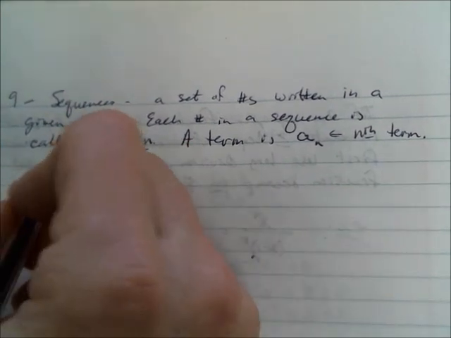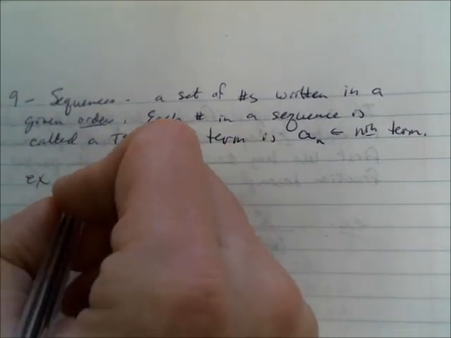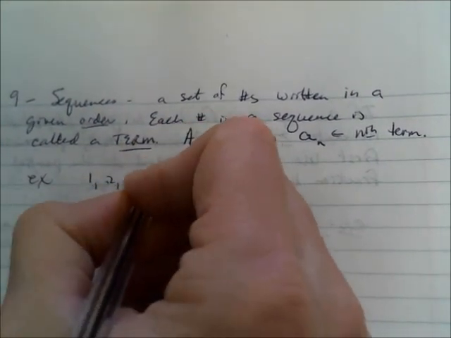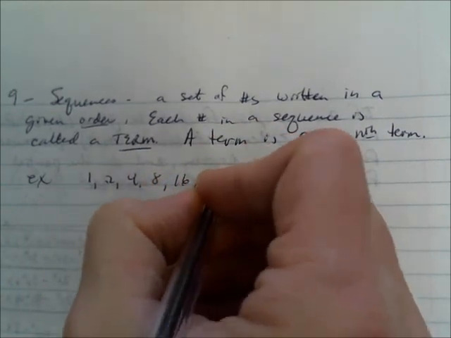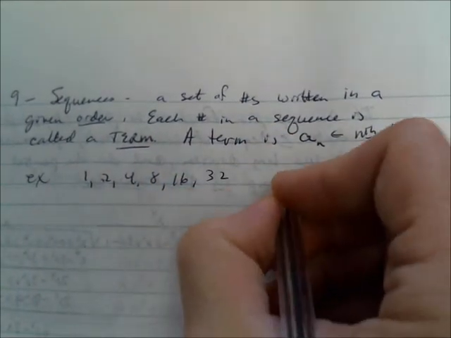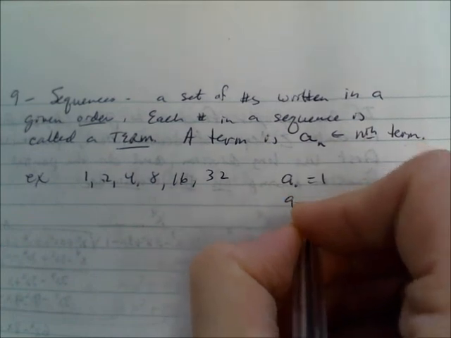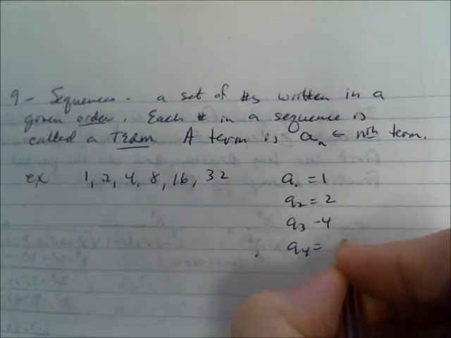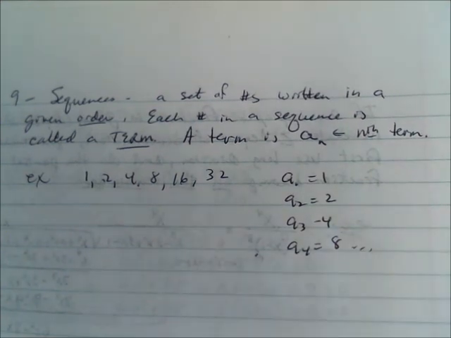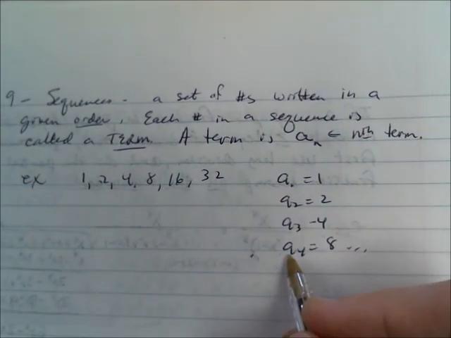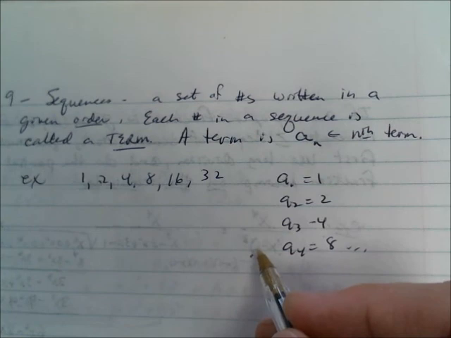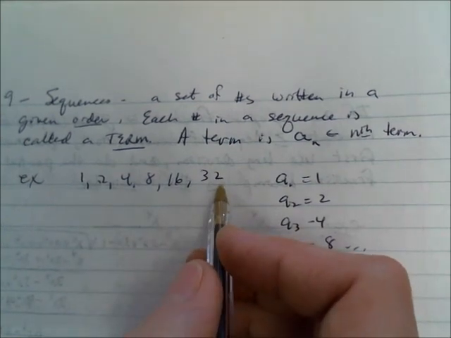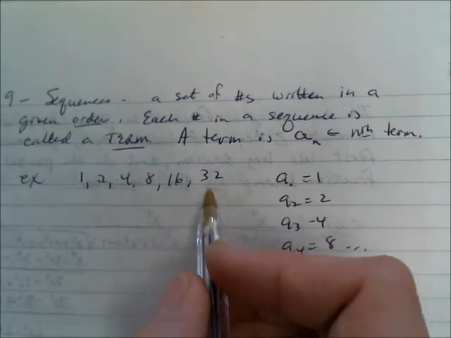So for example, if you have the sequence 1, 2, 4, 8, 16, 32, the first term is 1, the second term is 2, the third term is 4, the fourth term is 8, etc. So terms are written with the a subscript 1. Finite sequences end. Infinite sequences never end.